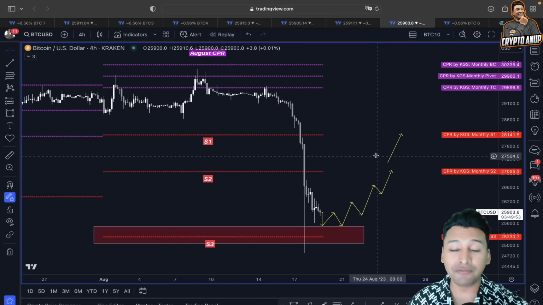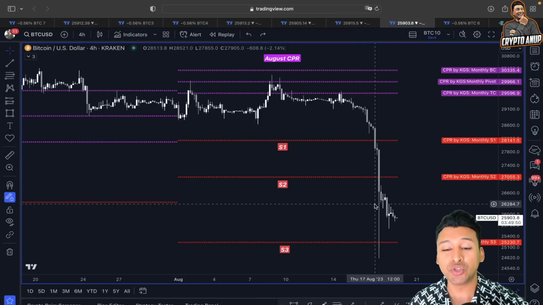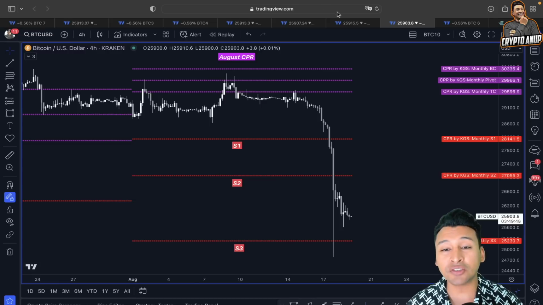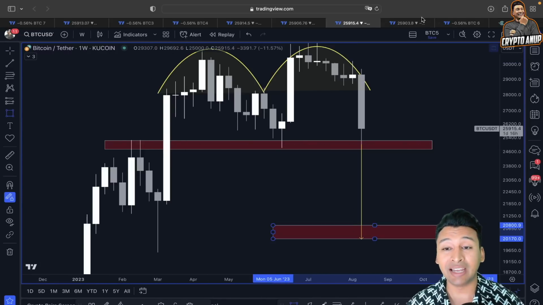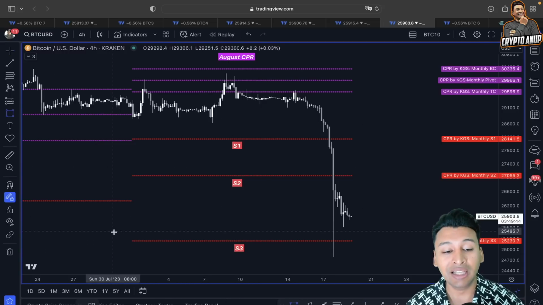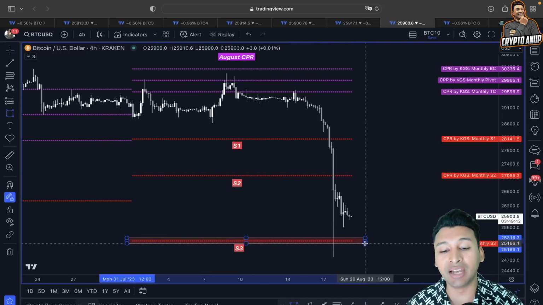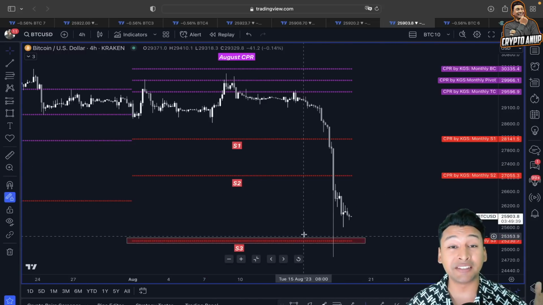And even if we look at this in a bit different way, the support which you have around 25,000 is not only the support from this double top neckline, but also the support from this leading indicator, the monthly S3 line. If you look at this monthly S3 line, this is the worst case target.